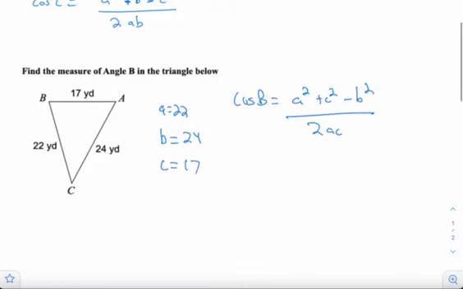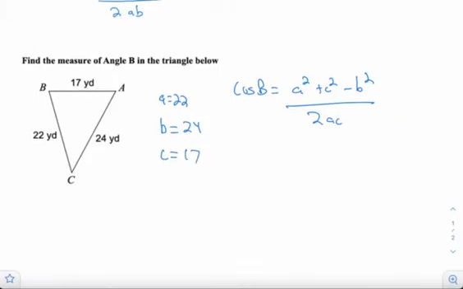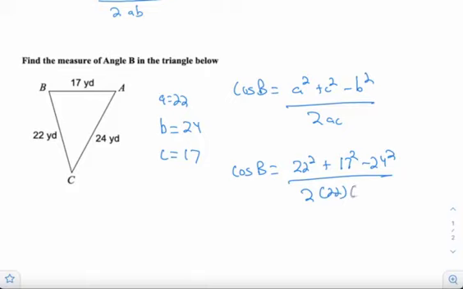One of the good things about this is that all we have to do is plug in accurately and know how to use our calculator. So we have 22 squared plus 17 squared, subtract 24 squared, all over 2 times 22 times 17.